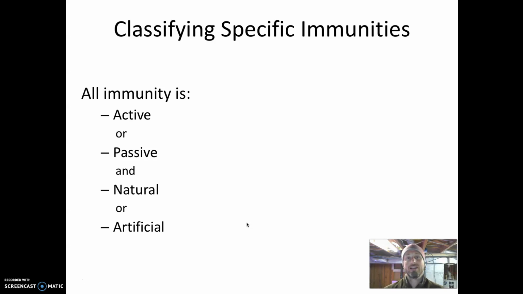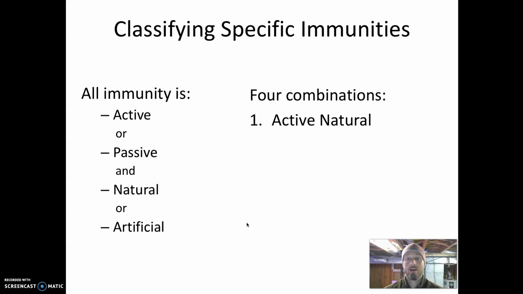So we need to understand these four pieces of terminology and then think about how they get combined together. Since immunity can be active or passive and natural or artificial, that creates four combinations of immune response. One kind of immune reaction can be active natural immunity.